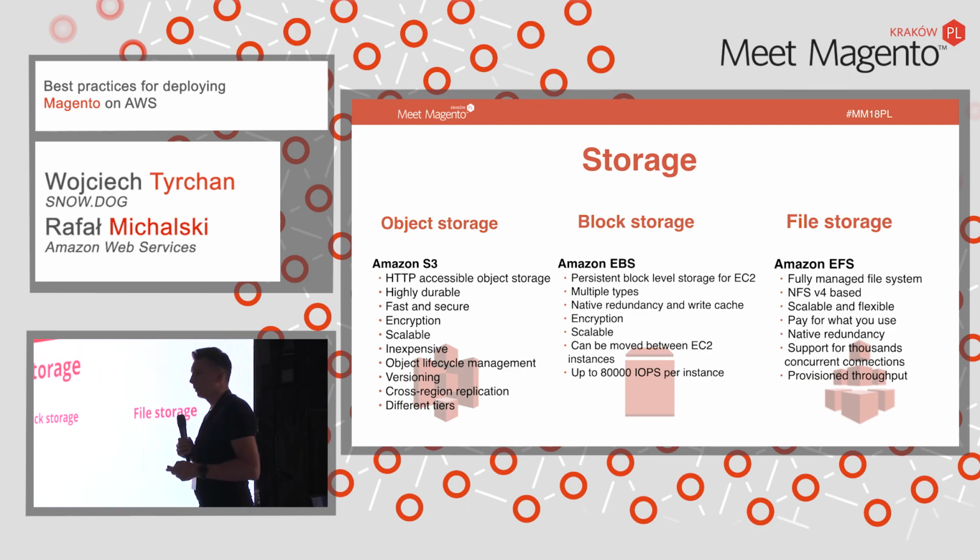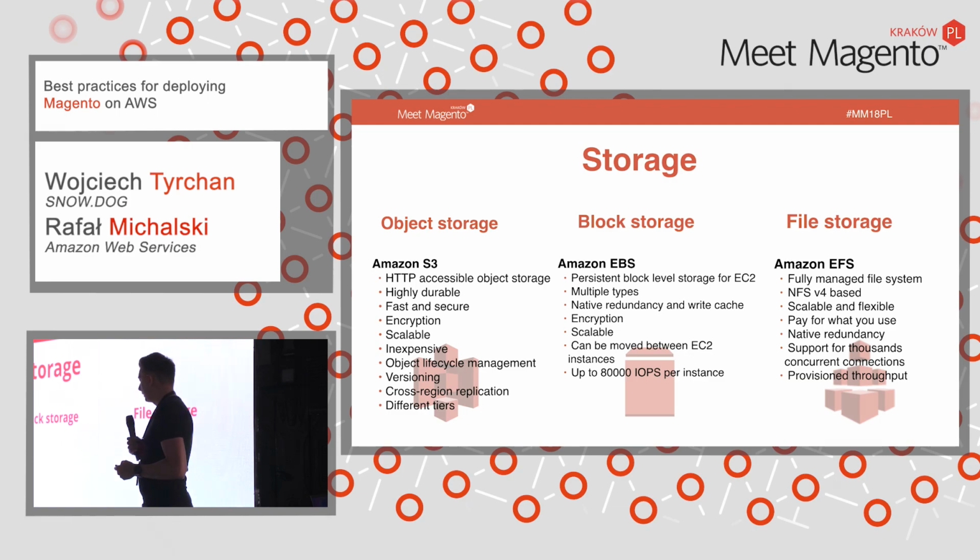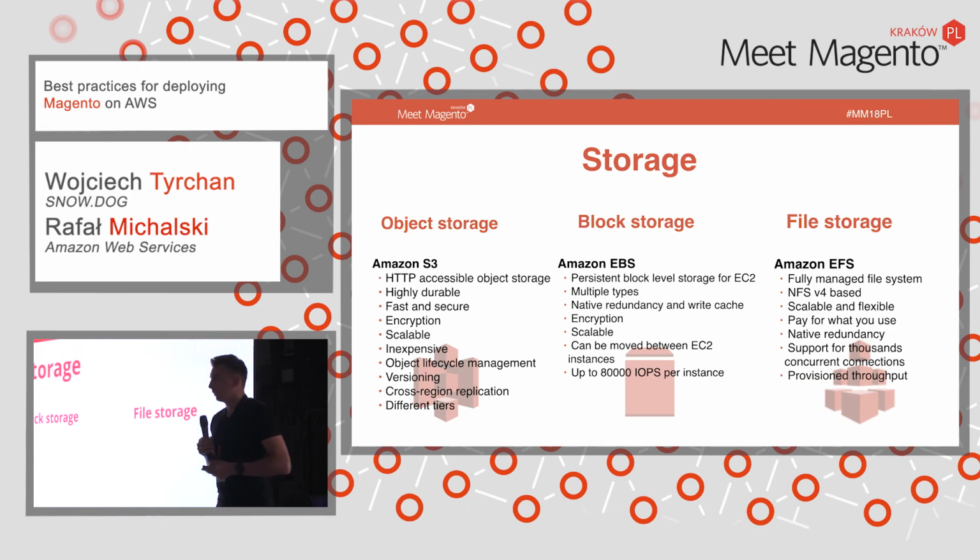It supports different options for encryption. It's also scalable, automatically scaling as your files grow. It's also inexpensive. To give you an example, for 100 gigs of data stored on S3, you will pay only something like $2 per month.